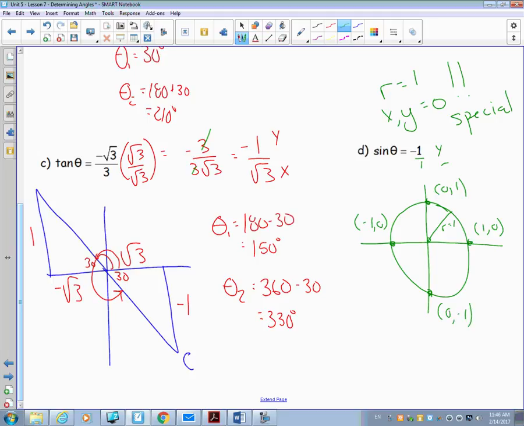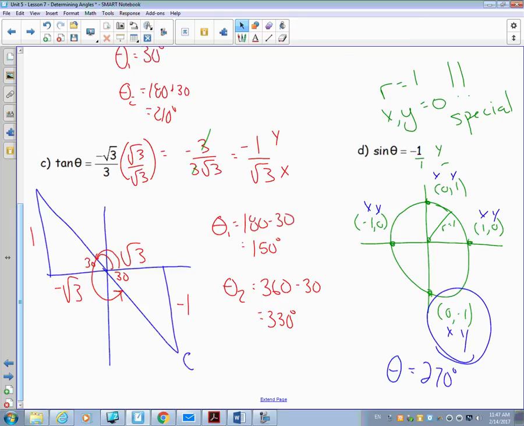I want the case where the Y value is negative 1. So look at my X's and my Y's. Which case has Y being negative 1? This one. There's only one case where Y is negative 1. And that's an angle of 270.